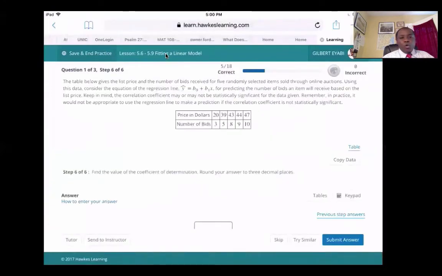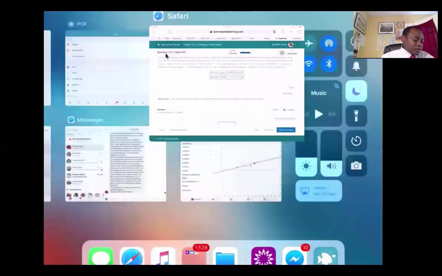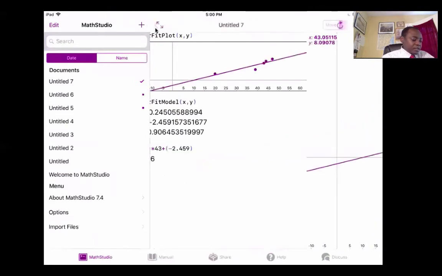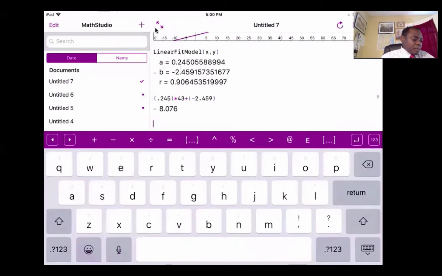Find the value of the coefficient of determination. The coefficient of determination is r squared. So whatever the correlation coefficient is, you take the square of that value, and that will be the coefficient of determination. So if I go back to MathStudio, again, if you have this big screen, just go back here, and that takes you to my editing screen. So I do my parentheses. That's what r is. So maybe put the first 3 decimal places as was requested.